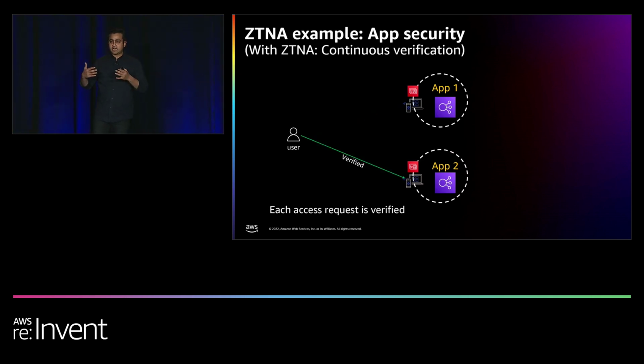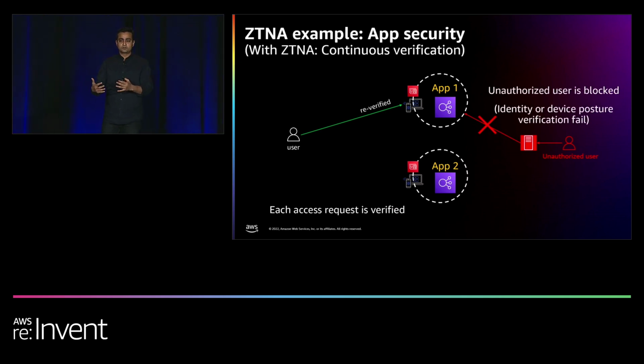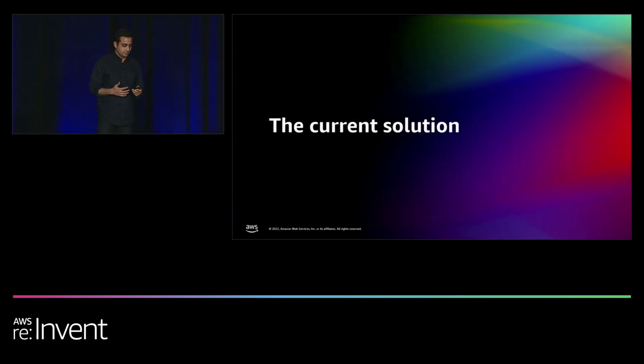The next time you access another application, it will verify. You try to access the same application, it will again re-verify. So let's say somebody gains access to one of your servers, then they will try to gain a foothold into the application. But what happens is that either the identity or the device posture won't match. So zero trust will deny access to that application.